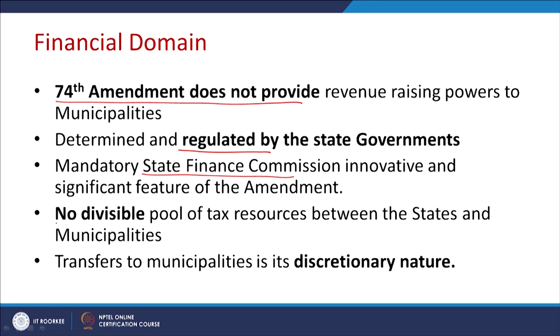Another important part is that there is no clear-cut division of revenue sources between the state and the municipalities. Therefore the transfer of financing to the municipalities and the resource mobilization is basically of a discretionary nature, and some of the state governments have done that.